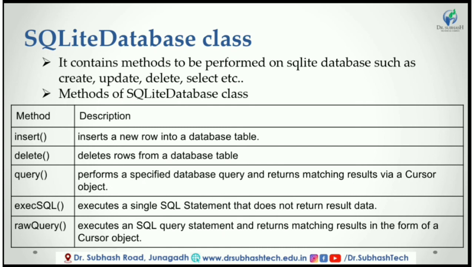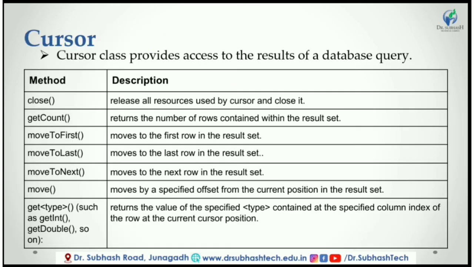So the next topic is cursor. Database queries are returned as a cursor object rather than extracting and returning a copy of the result values. Cursors are pointers to the result set within the underlying data. Cursors provide a managed way of controlling your position in the result set of the database query.